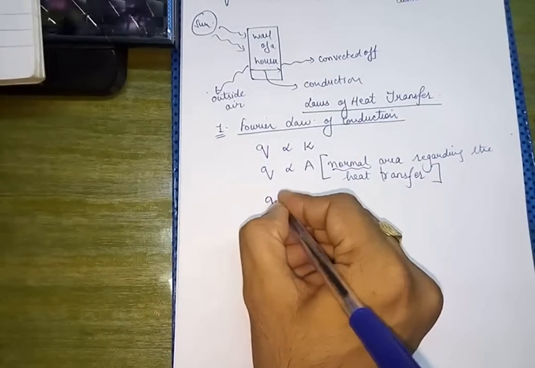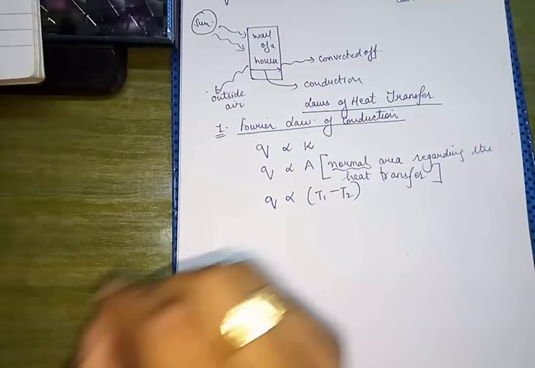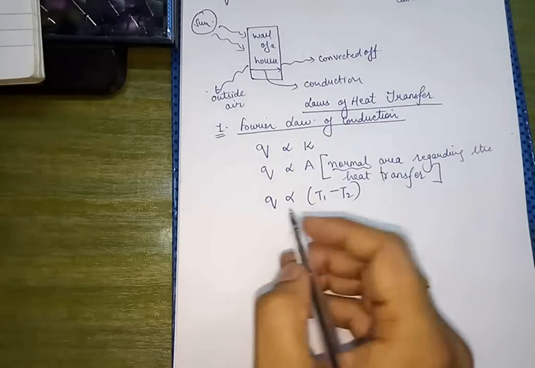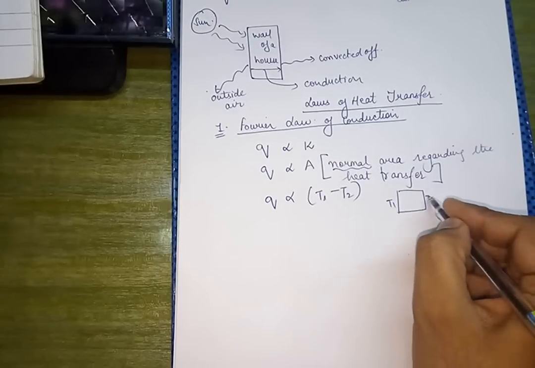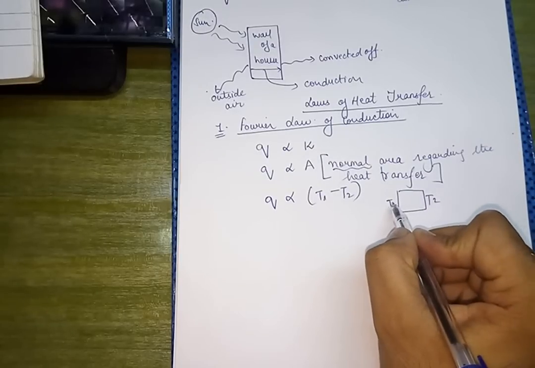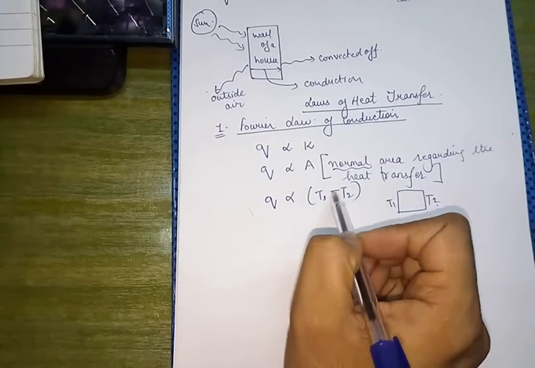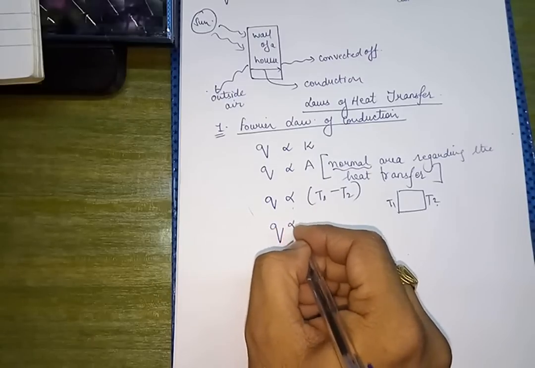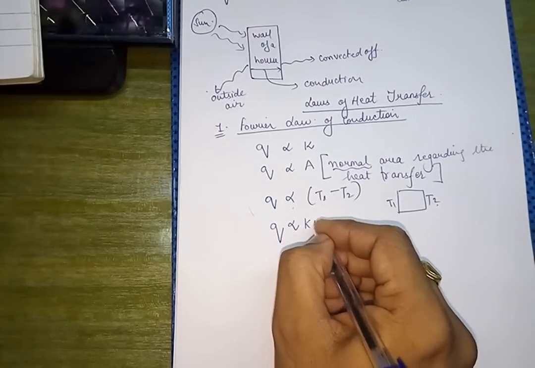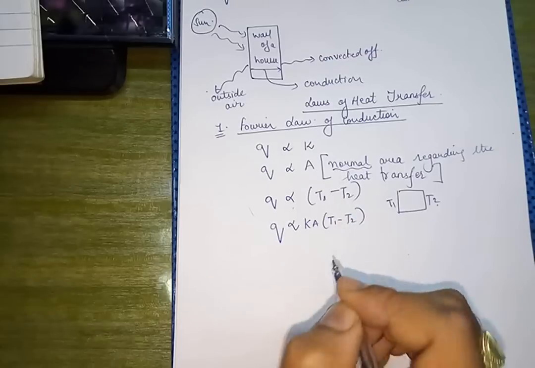Now next, it was also directly proportional to the temperature difference between a body. For example, if there are two faces, one at T1, other at T2, the temperature difference would be T1 minus T2. Now if we combine all these three relations, we get Q is directly proportional to KA (T1 minus T2).